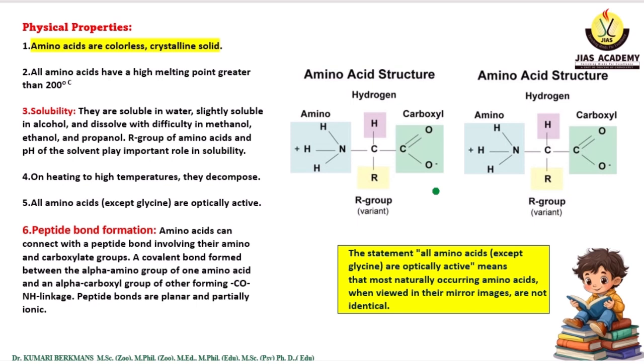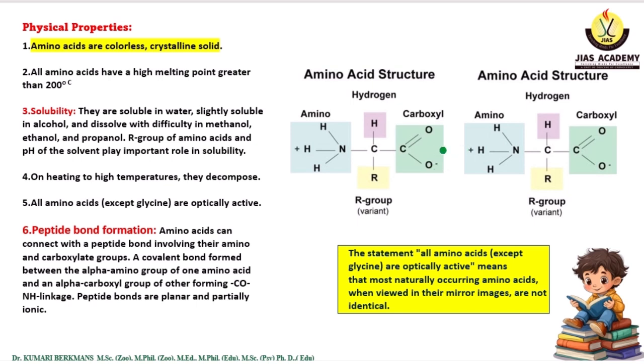A covalent bond is formed between the alpha amino group and the alpha carboxyl group. The alpha amino group of one amino acid combines with the alpha carboxyl group of another amino acid.